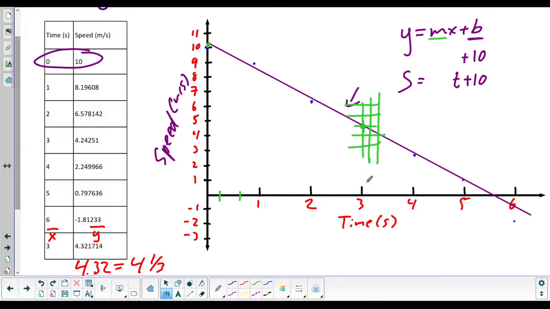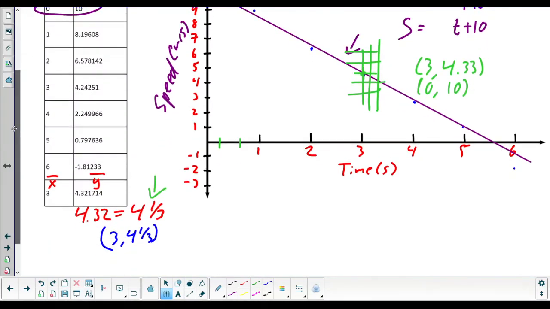I would take 3, 4.33, right there. And then I would take 0, 10. And then we would go ahead and use our slope formula to calculate the slope. So let's go ahead and do that.